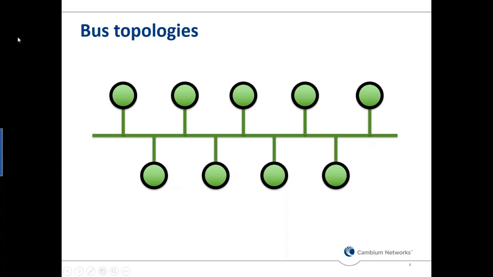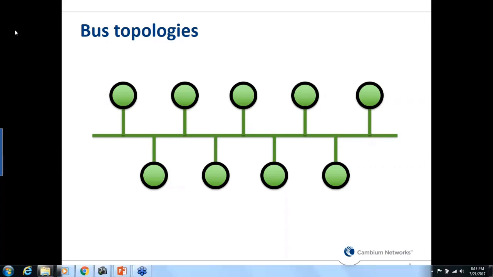Really, these could be either wired or wireless. I would say for the bus topology in particular, it's much more likely to be a wired connection, because the bus topology typically comes in for some older networking technologies where this horizontal green line would be a single strand of copper cable, essentially.